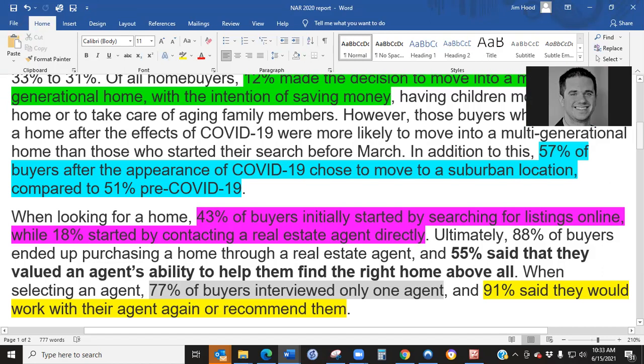If it's only one agent, is it really an interview? Yeah, that's a good question. If they weren't happy with what they heard, they would be on to the next. But the vast majority of leads don't pan out, and those that do, it's 77% of them.